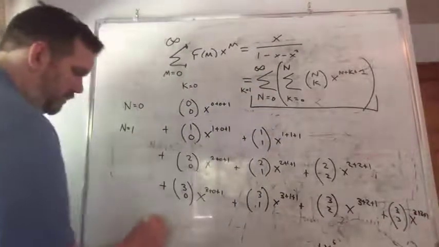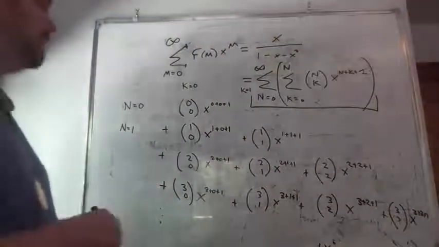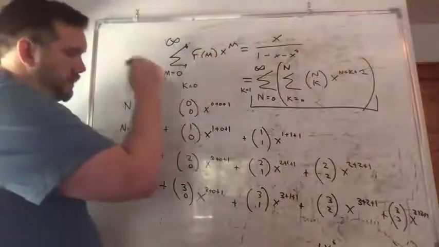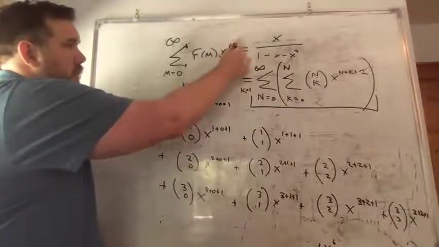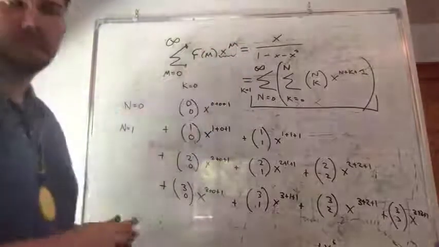And this is going to continue forever. So if I'm thinking about this as being a power series, I need to figure out how these correspond to the x to the m.